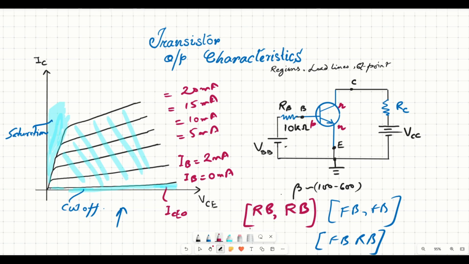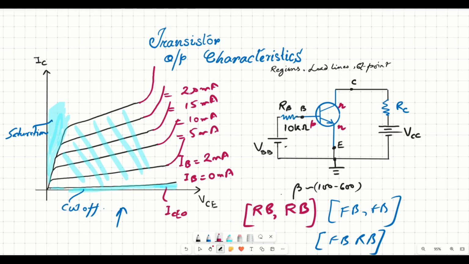Now let us consider one more case where the transistor can be operating. For example, if we increase the current to a higher extent across the input, that will increase the current to a higher extent.